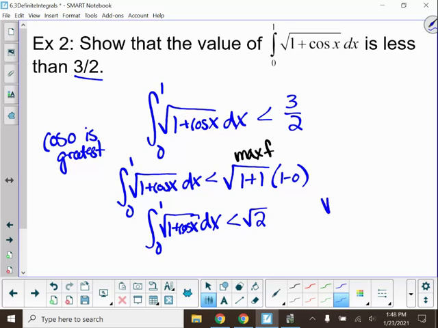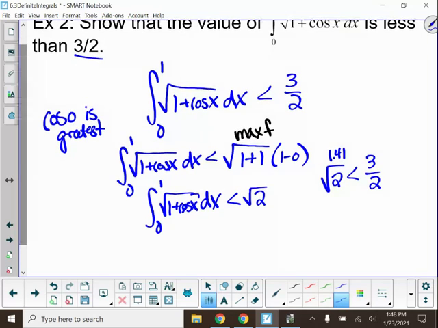We know that the square root of 2 is less than 3/2, because the square root of 2, this is something you should know, is about 1.41 as a decimal. Which means the integral has to be less than the square root of 2, and the square root of 2 has to be less than 3/2, therefore the integral has to be less than 3/2.